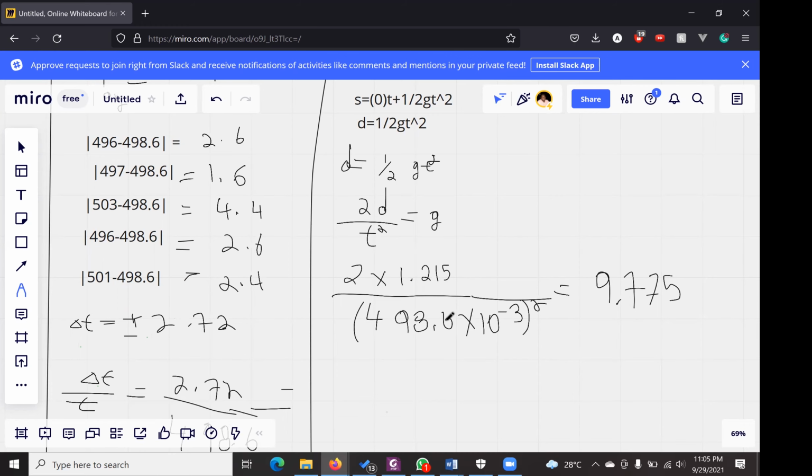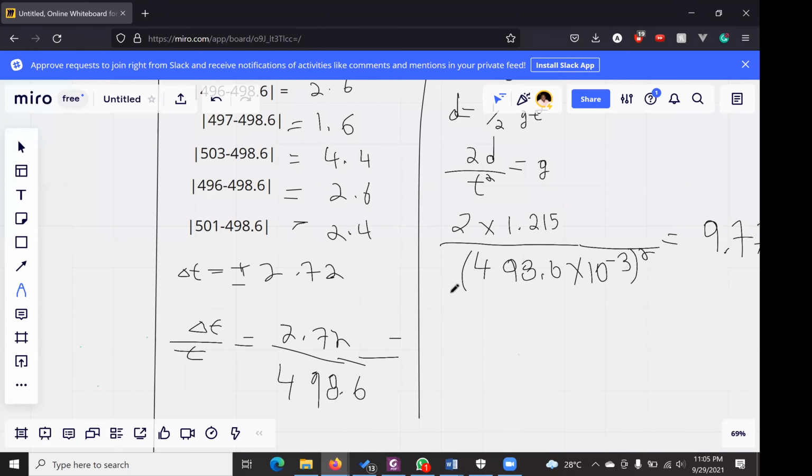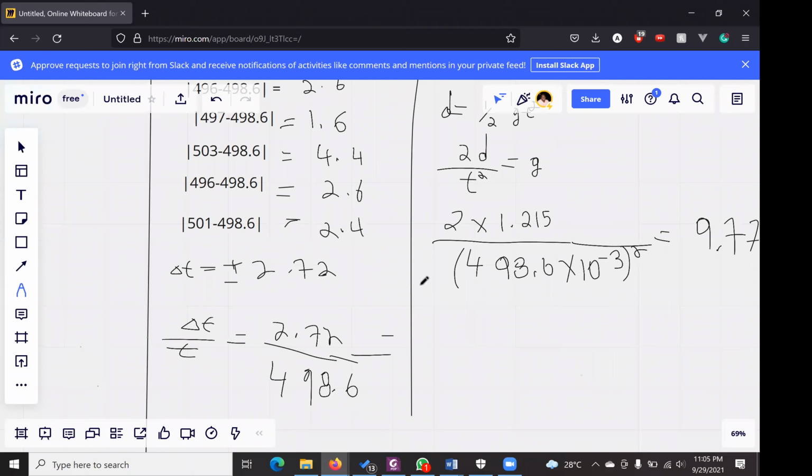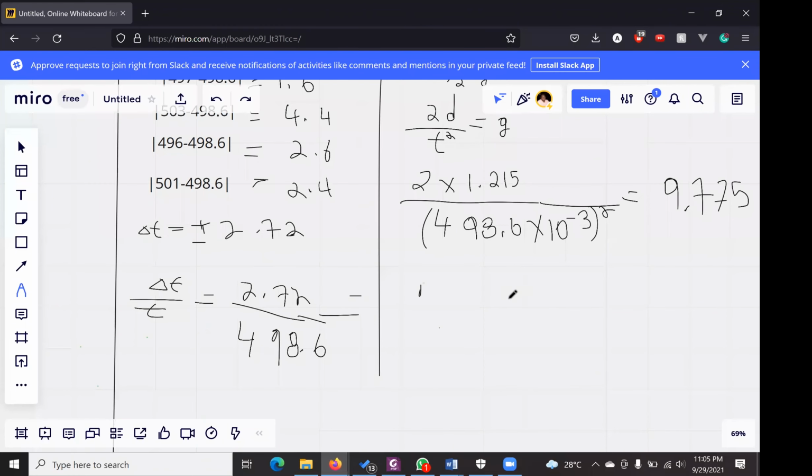We're going to write back that g formula: g equals 2 times d over t squared.